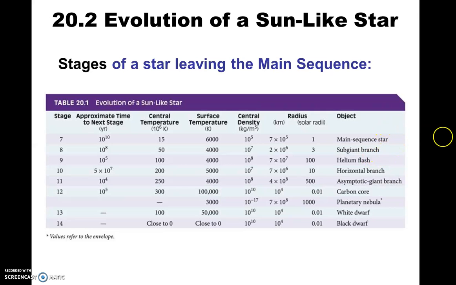Anyhow, and then there's what's called the horizontal branch, where the temperature increases but the luminosity does not increase. There's an asymptotic branch, so the star is becoming, we'll talk about that. It's actually kind of complicated.